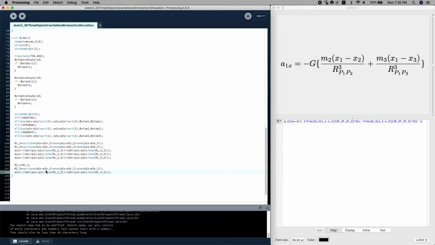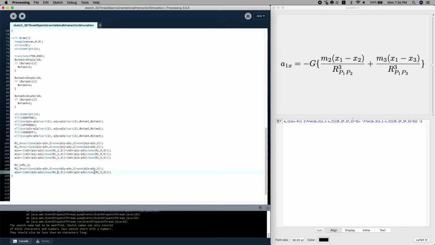So now we're going to have to subtract P1 from P2, so P2x minus P1x, and P2x minus P3x, because here we are doing everything relative to 1, so we have 1 minus 2, 1 minus 3, and now we're going to have everything relative to 2, so we have 2 minus 1 and 2 minus 3. These values are going to be the same, except that here we're going to use P3 cubed. And everything else looks fine. Just going to have to swap that around.